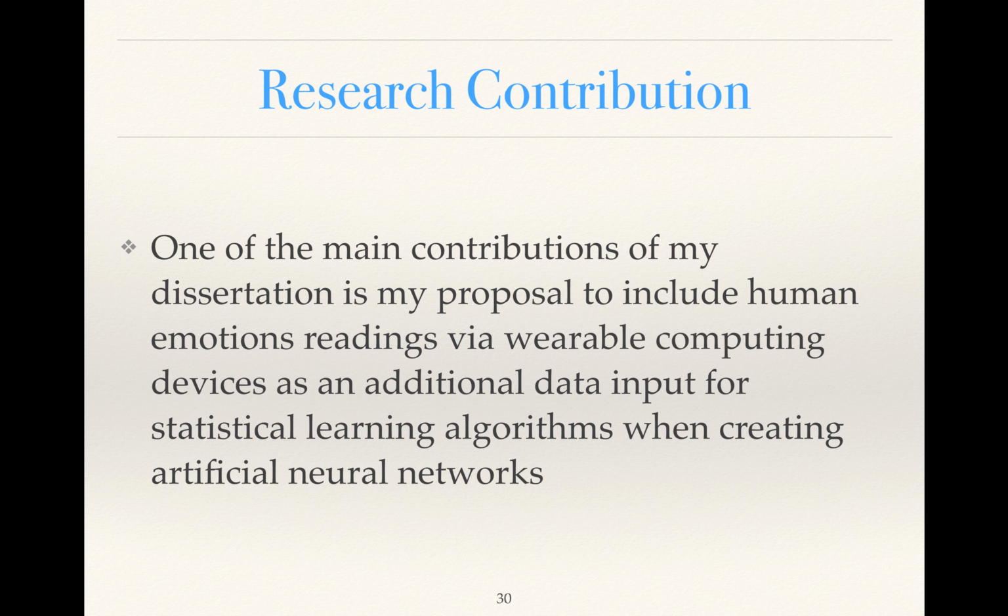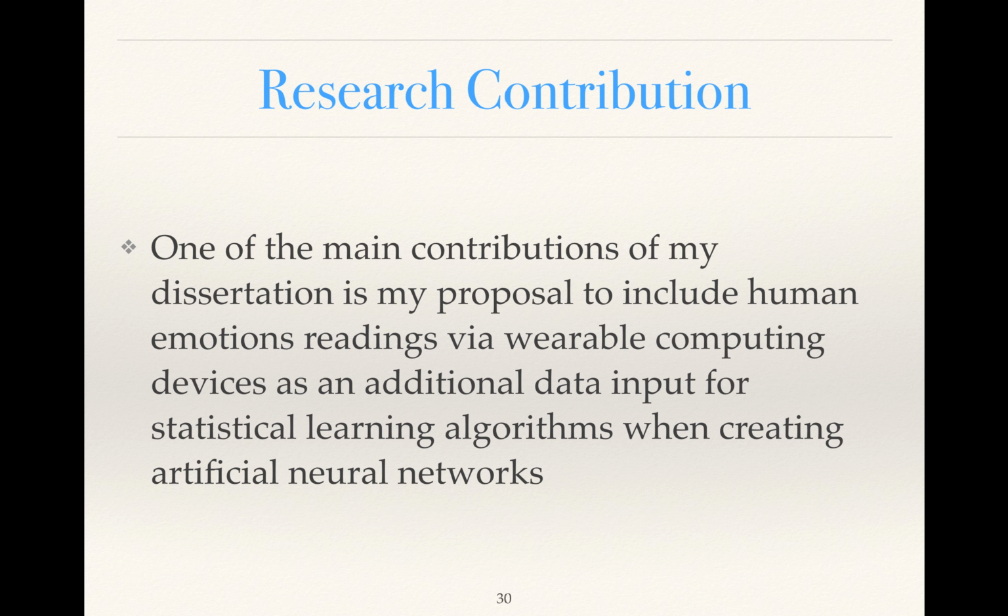So whether we like it or not, this is an era, and I definitely aim my research contribution to be that human emotions and the different emotion readings should be involved in the industry.